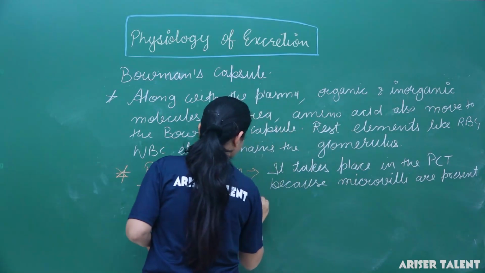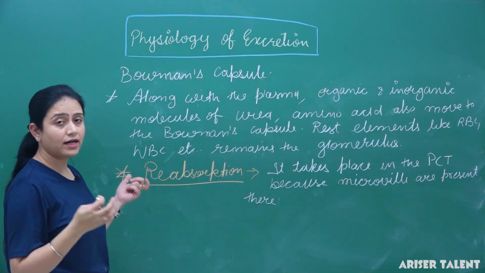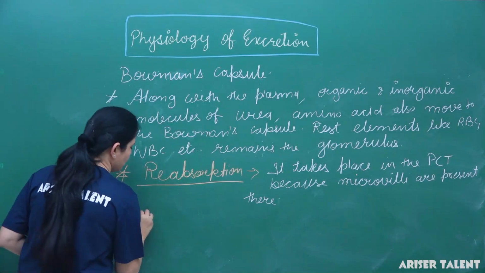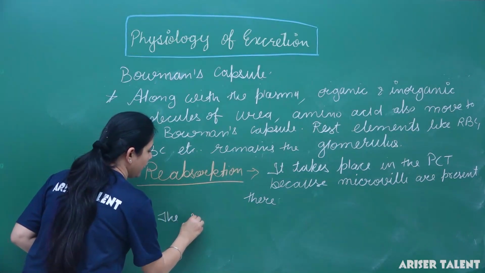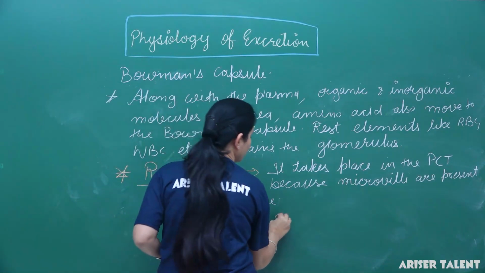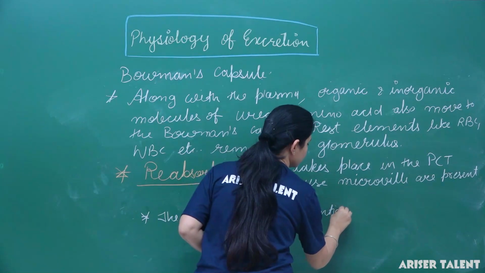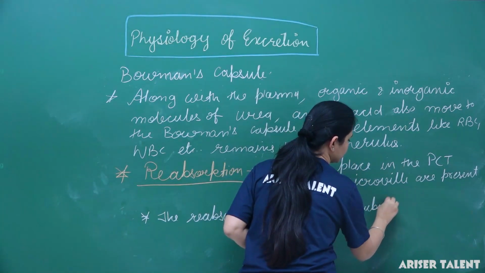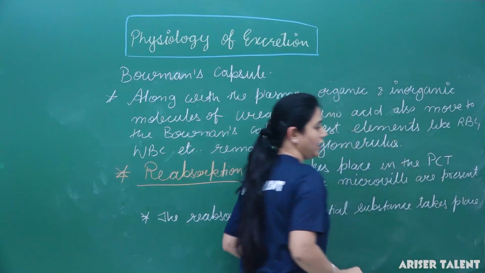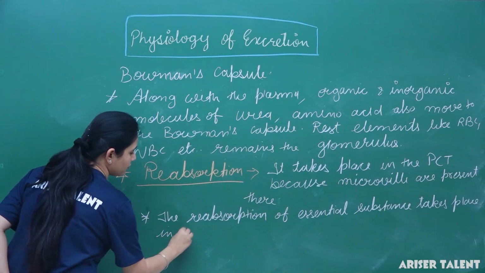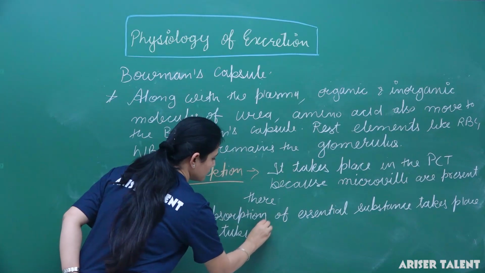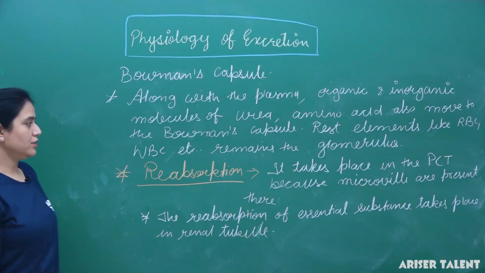Thus we can say that the reabsorption of essential substances takes place in the renal tubule, especially in the PCT, which is the part of the renal tubule. So these are the two parts.